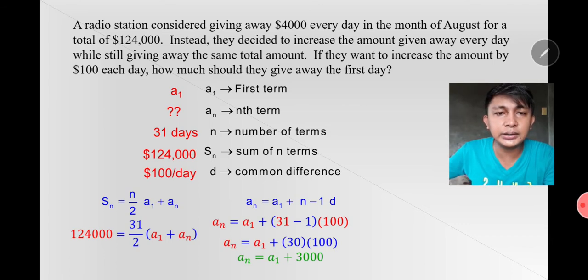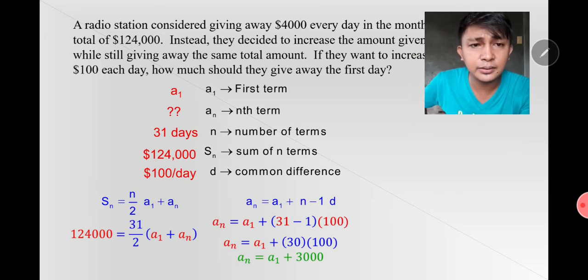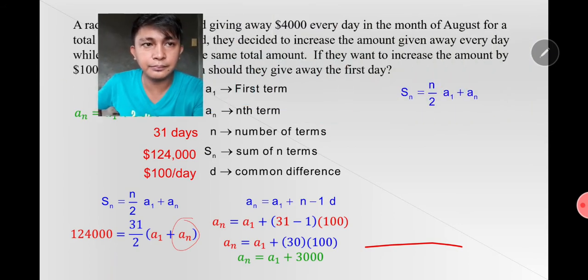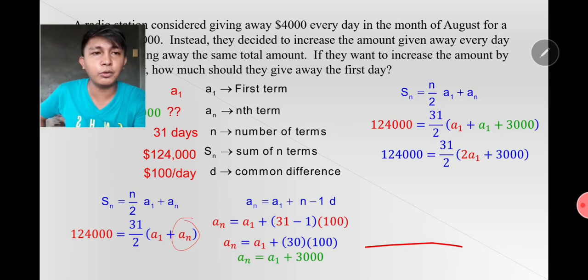So, madali na lang natin ilagay si a sub 1 plus 3,000 sa value ni a sub n. Ilagay na natin ulit. So, dalawang a sub 1 na yan. So, 2a sub 1 plus 3,000.